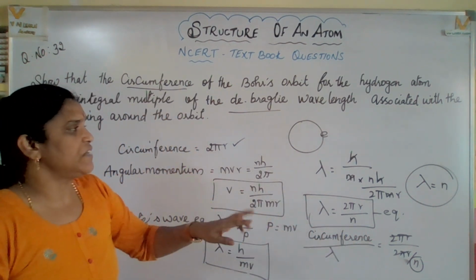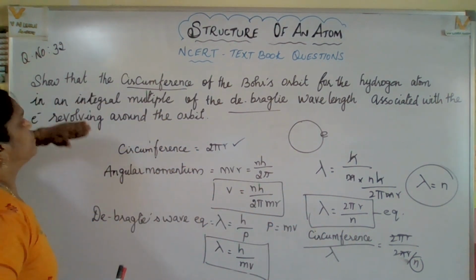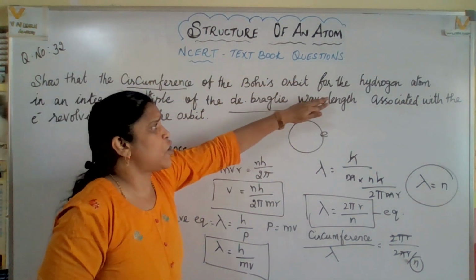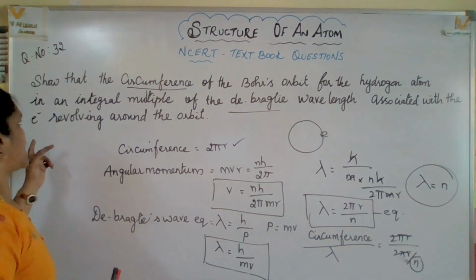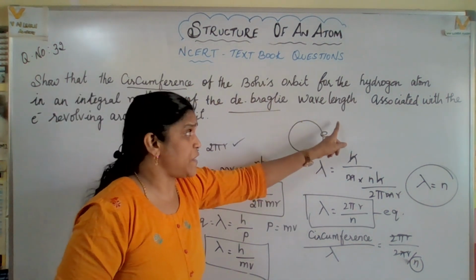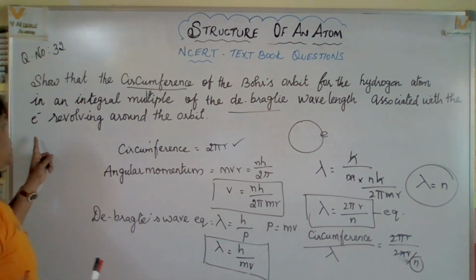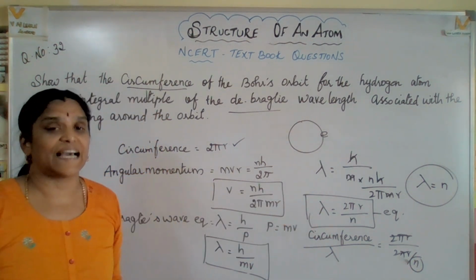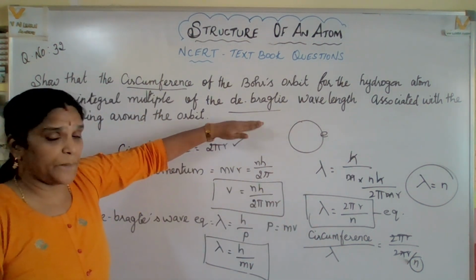So you are receiving n. So from this we can make out that the circumference of the Bohr's orbit for the hydrogen atom is an integral multiple of the de Broglie's wavelength associated with the electron revolving around the orbit. Yes, fine, it's correct. You got the proof.